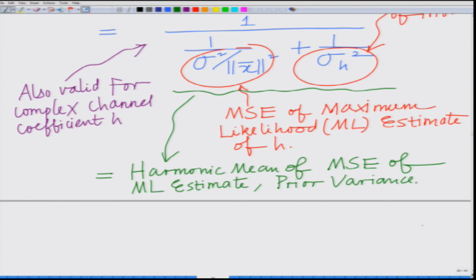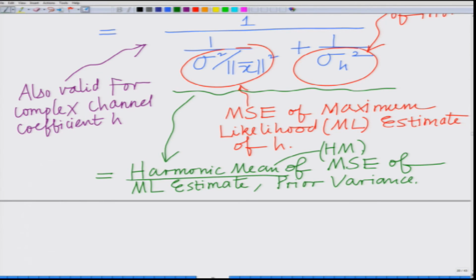So, this is the harmonic mean, or basically you can also say the HM. The harmonic mean is nothing but, let me just abbreviate this as HM, the harmonic mean of the MSE of the maximum likelihood estimate and the prior variance. Okay.